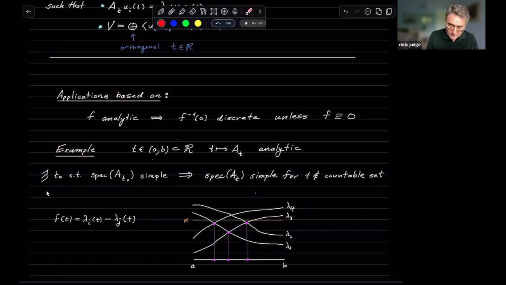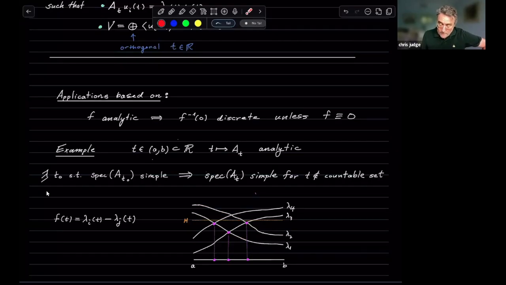The proof is very elementary. We're going to apply this basic fact to the difference between two eigenvalues. I know that the theorem of Rellich tells me that all these eigenvalues vary analytically. Notice, by the way, these are not ordered eigenvalue branches, because when they cross, their ordering changes. But I have these analytic functions, and I can label them however I want. That's not an important labeling.